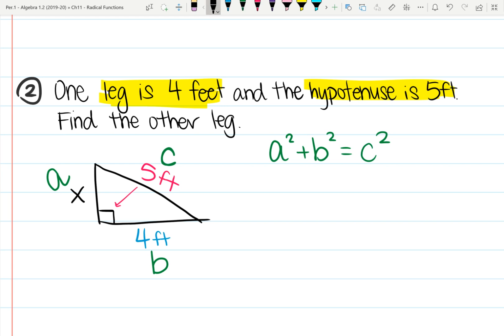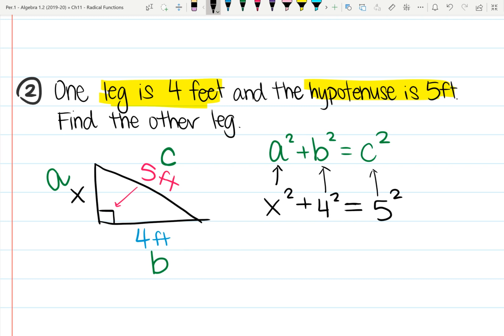So I'm going to go ahead and plug things in. A, I can replace with x, so x squared, plus b, look at my picture, that's 4. So we're going to say 4 squared is equal to, and c is 5, so 5 squared. Okay, so take a look at my equation.